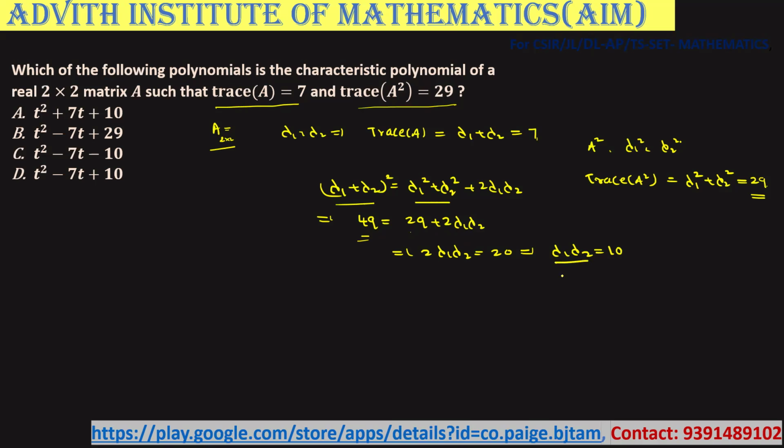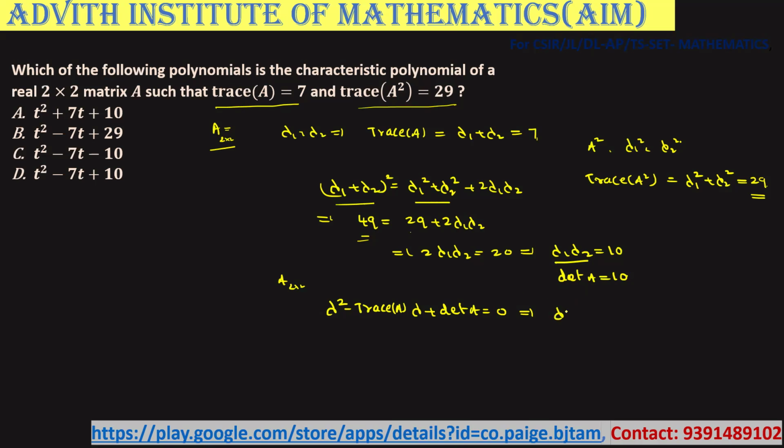So the product of eigenvalues of A is equal to the determinant of A. So det A is equal to 10. Therefore, if A is a 2 by 2 matrix, then its characteristic equation is lambda square minus trace of A into lambda plus the determinant of A, which is equal to 0.